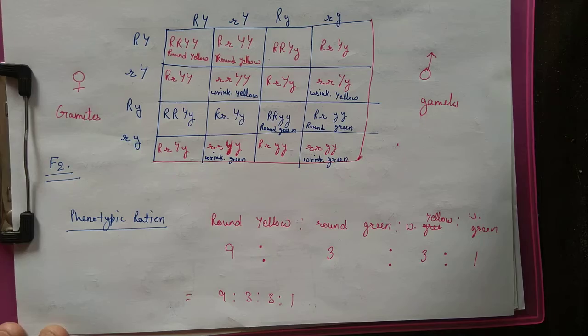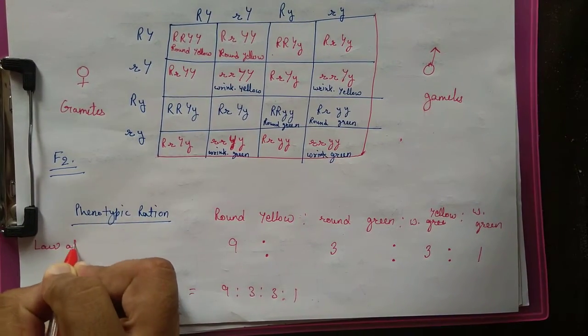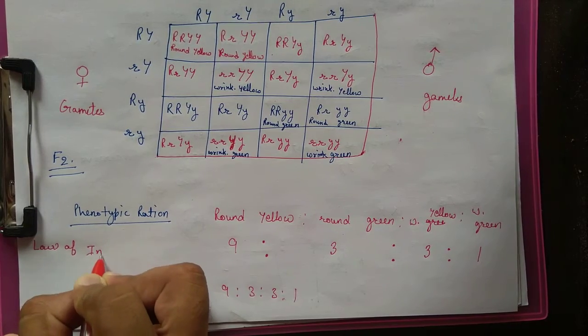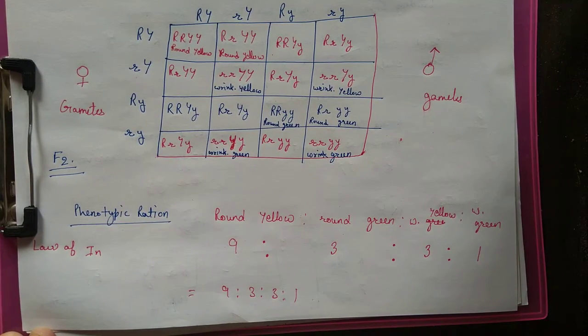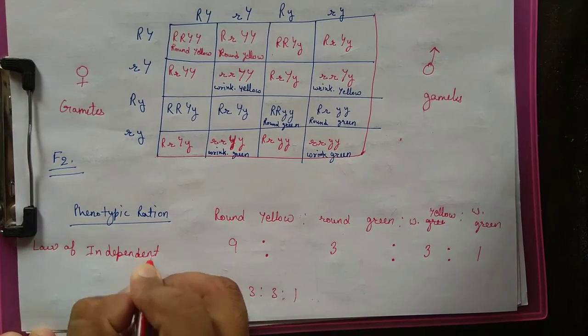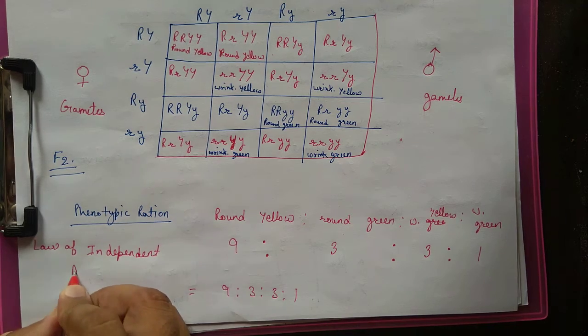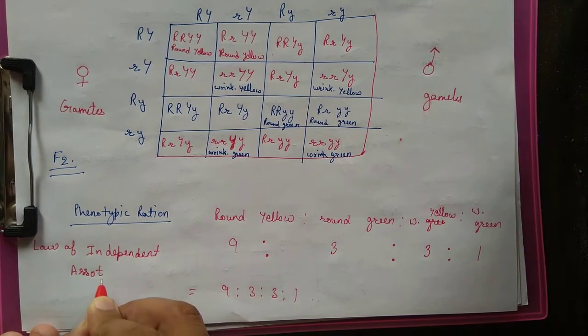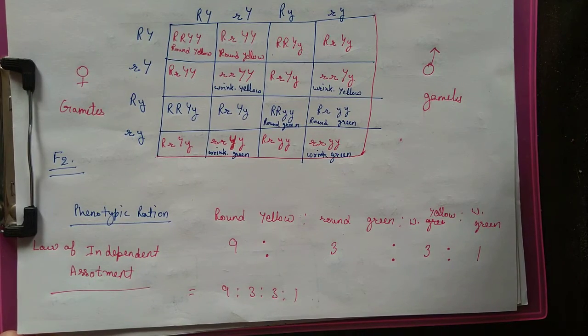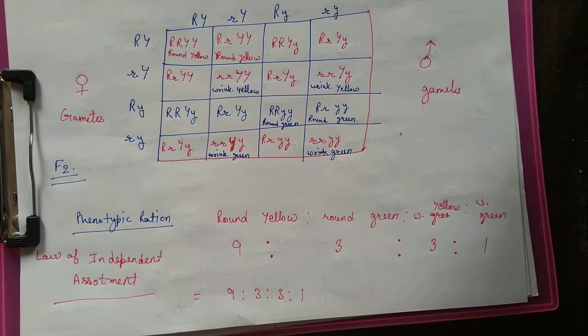So the conclusion is the law of independent assortment by the experiment of dihybrid cross.